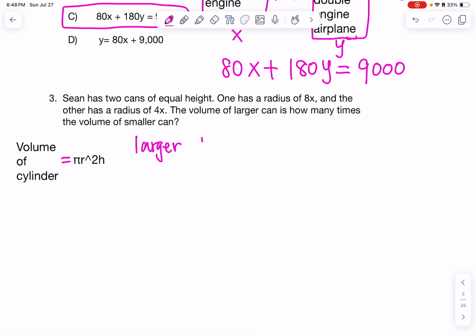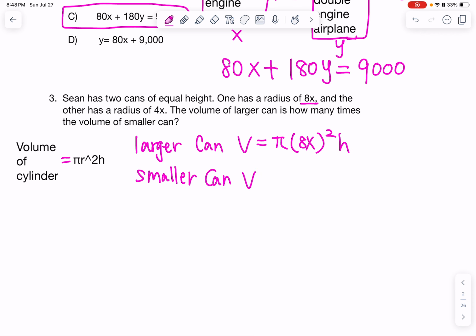volume will be pi times the bigger radius, which is 8x, squared, times the height. We don't know the height, but we know that those two cans have equal height. So the smaller can volume expression will be pi times the radius 4x squared, times the same height h.